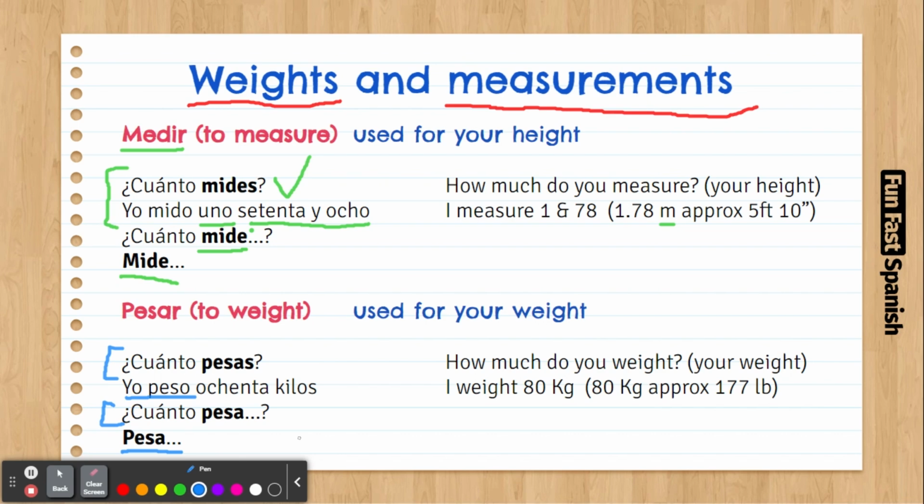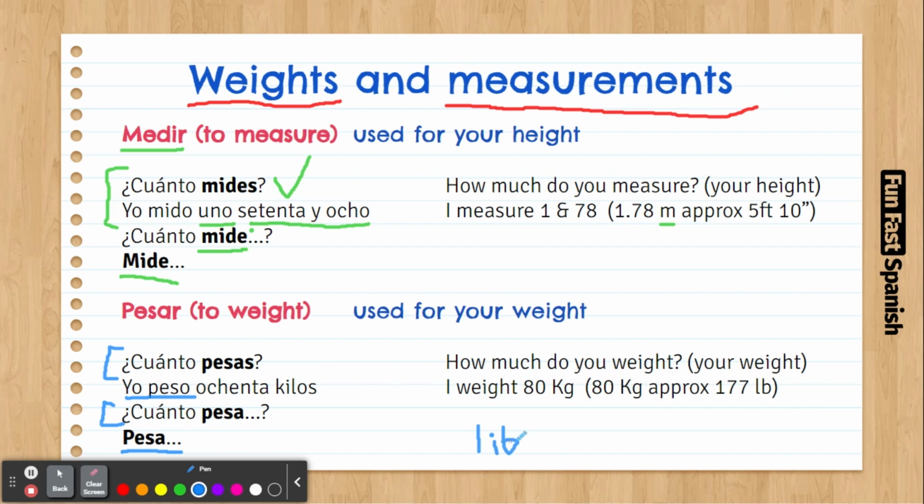But if you want that fish and you don't know how much it is per pound or per kilo, then you say ¿Cuánto cuesta el kilo? It's like how much is it per kilo. ¿Cuánto cuesta el kilo? Some countries use pounds though. ¿Cuánto cuesta la libra? Libra means pound. This is an important one.